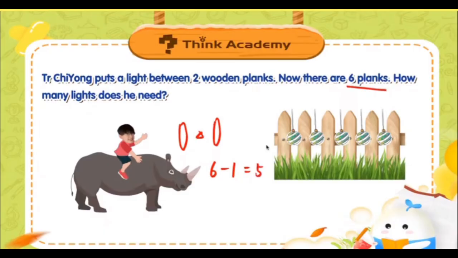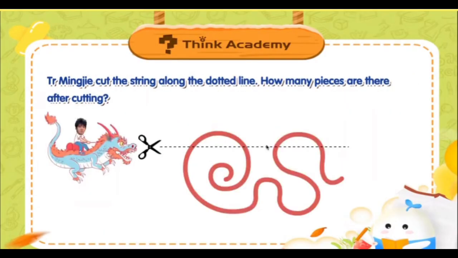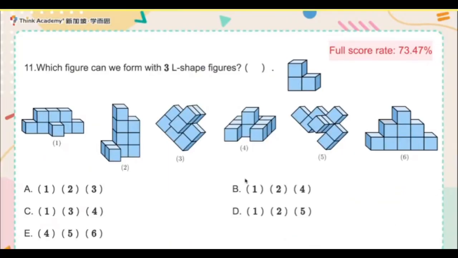The lights are just like the intervals. Then Teacher Mingjie cut the string along the dotted line. This is still the same, right? You see, 1, 2, 3, 4. 4 cut points will result in how many pieces? Yes, 5 pieces, right? Okay, so everyone, this is how we solve the problem. Then, everyone, this time, let's move on to the 11th question.